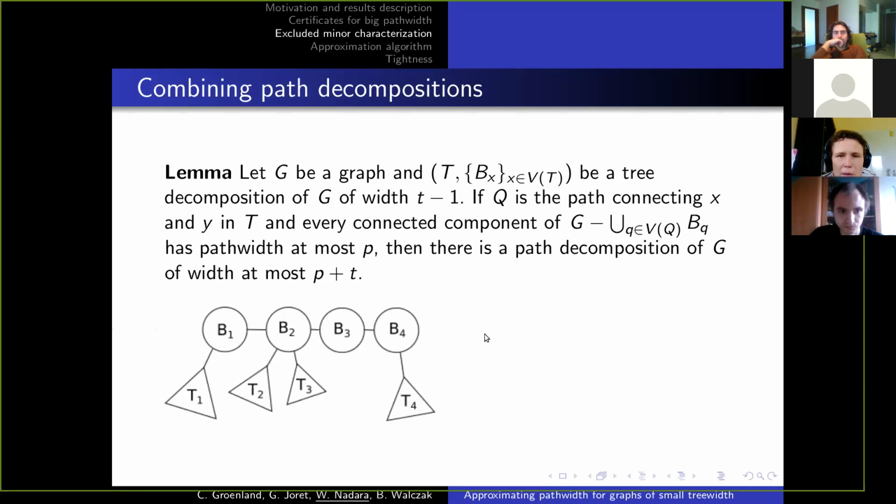However, before doing that, we'll prove an auxiliary lemma, which I will call the combining lemma.